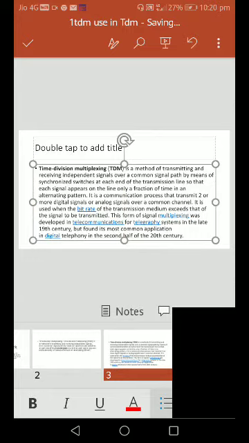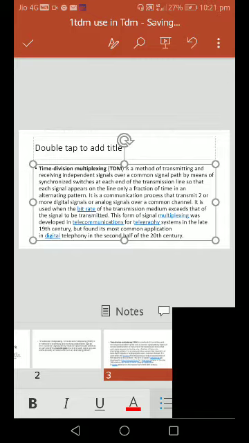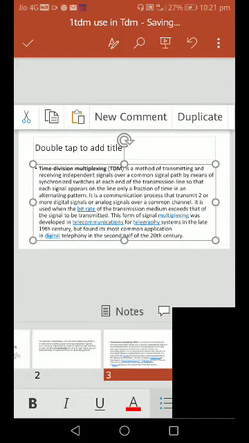They have to use synchronized switches or rotary switches at each end of the transmission line, so that each signal appears on the line only a fraction of time in an alternating pattern.